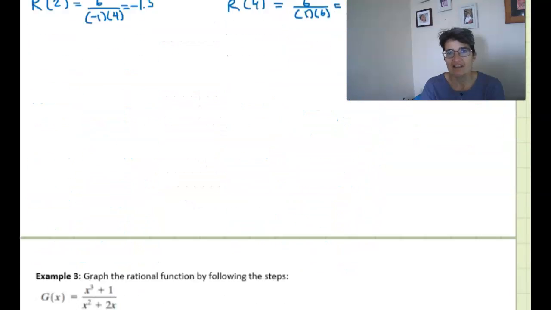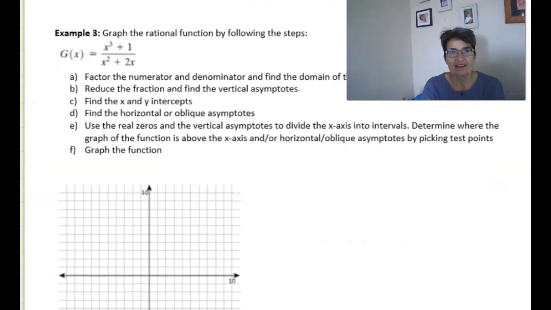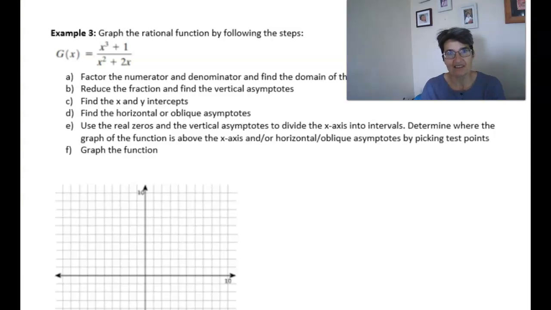Okie dokie, let's look at the next problem. Right, there's sort of the same deal here. We're looking at a rational function, finding all these details, and then with the goal to sketch a good graph of it. Alright, so let's factor this. x cubed plus 1 is actually a sum of cubes. There's a formula: a cubed plus b cubed factors as a plus b times a squared minus ab plus b squared.